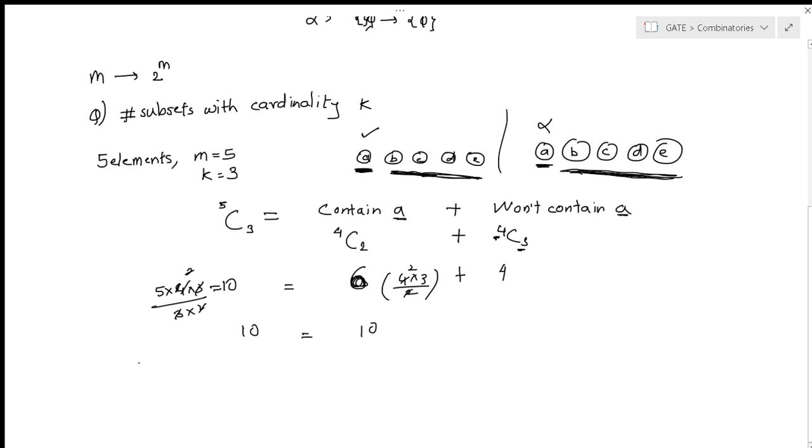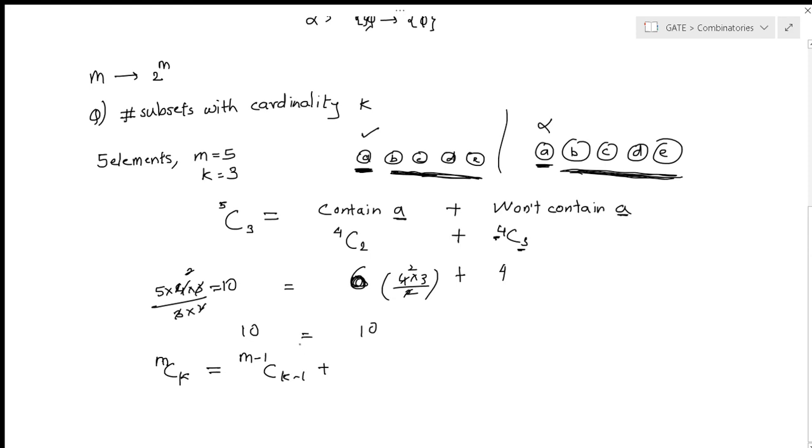So what can I say? If out of m elements I have to choose k elements, I have fixed one element that it will always be there in my set. So amongst the m minus 1 elements, I need to choose k minus 1.